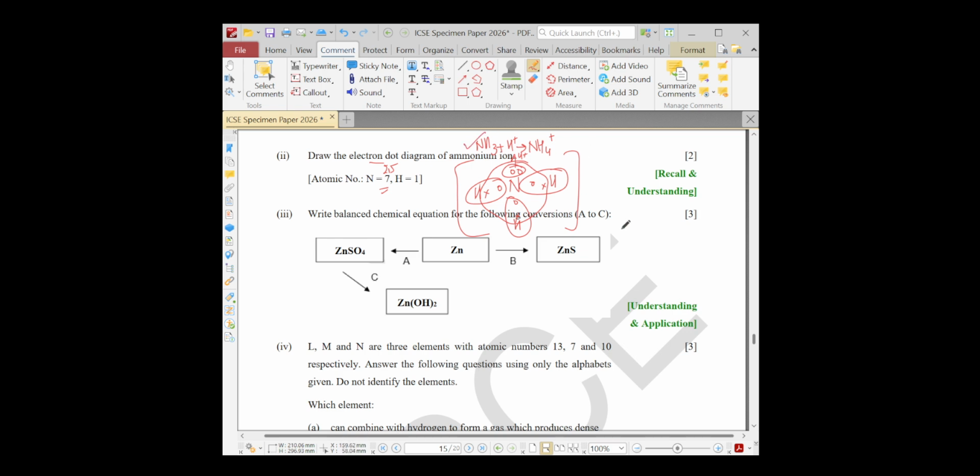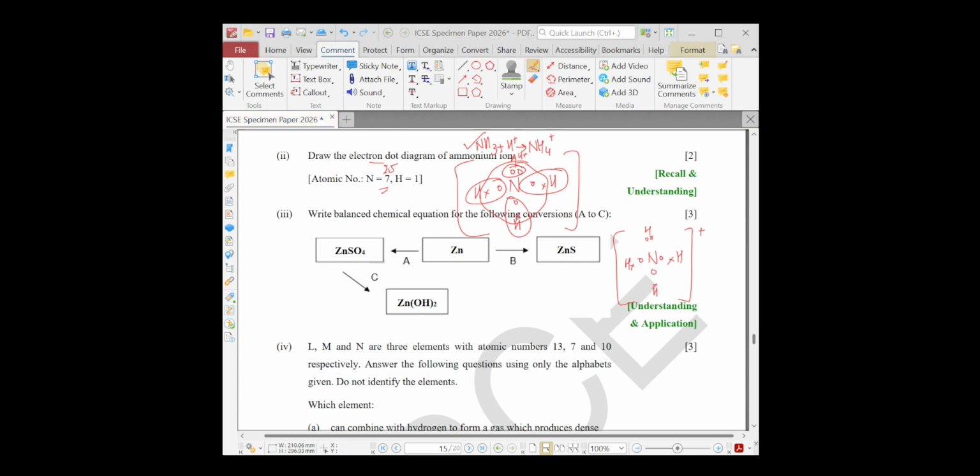So this is ammonium. The structure would be nitrogen, and you have hydrogen here with a cross, hydrogen here with a cross, hydrogen here with a cross. These two are there with hydrogen and you get a positive charge.